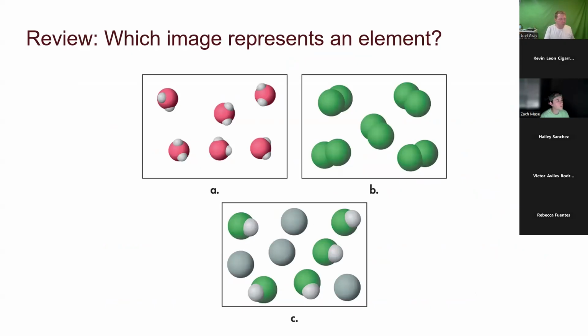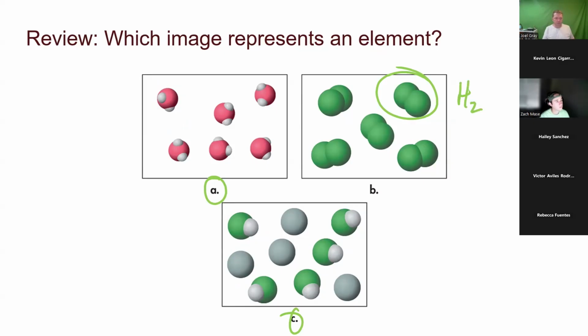Well, for these different depictions, you'd look at this and say, okay, well, that's different atoms. This is different atoms. This is a different atom. So A and C here are different representations for atoms and how different atoms and molecules can come together. B, however, would be something like H2.